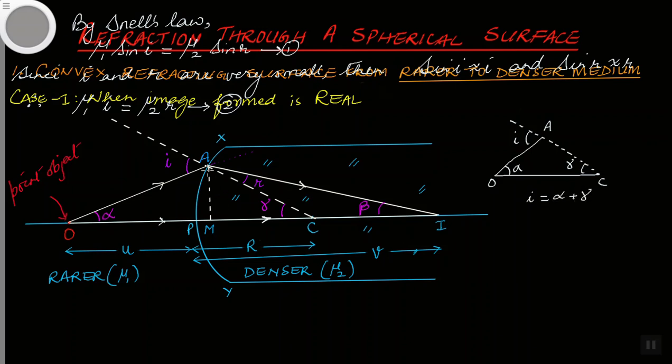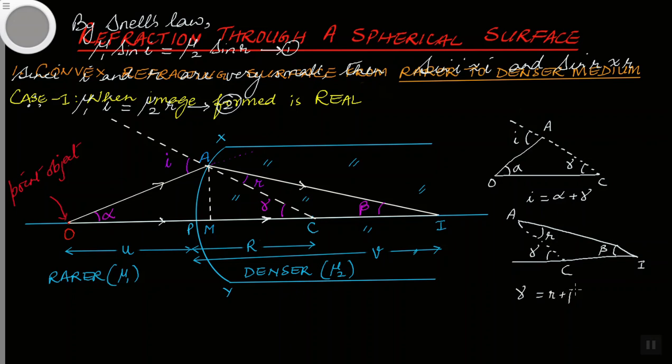Similarly, look at the triangle AIC. This is A, this is I, this is C, this angle here is gamma, this is angle R, and this is angle beta. Since gamma is the external angle, it will be equal to the sum of R and beta.